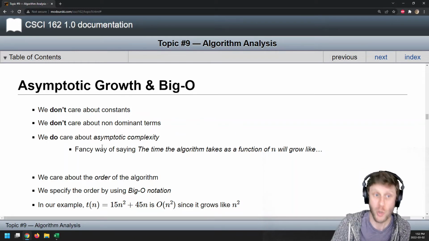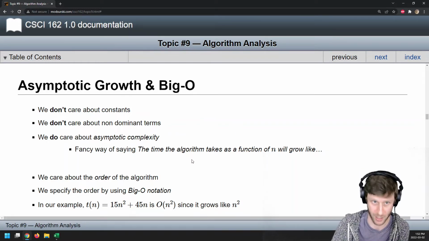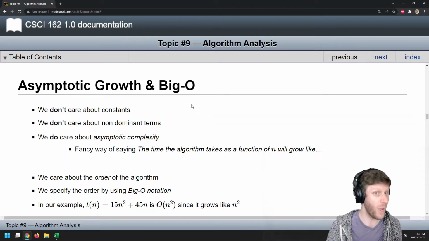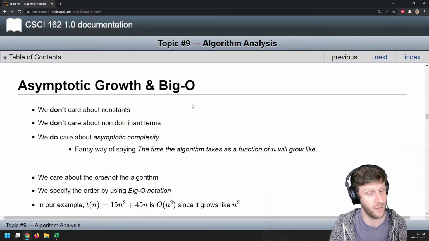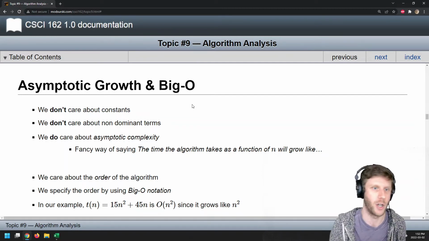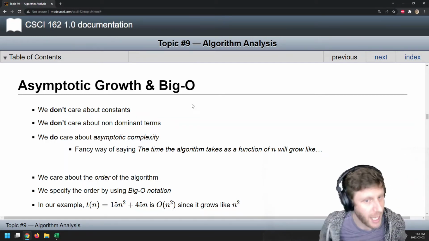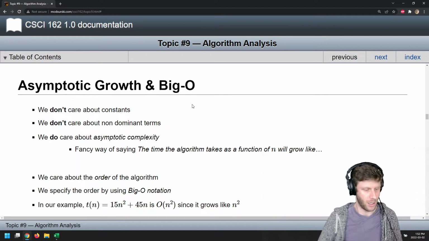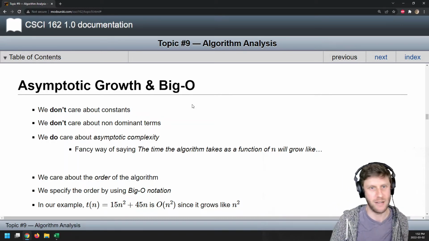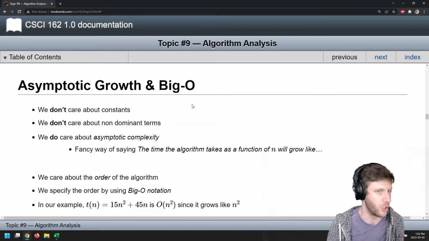What we do care about is asymptotic complexity, which is a fancy way of saying the time this algorithm takes as a function of n will grow like a function, and we like to pick a nice set of fairly straightforward functions to choose from.